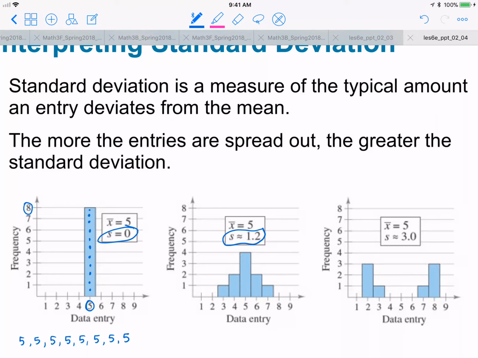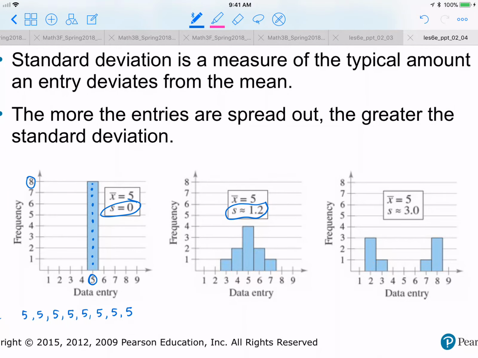but they have different standard deviations. Some of the data is more spread out. This data is really spread out. It's very far from the mean, right? So like here, we could say that a data set would be 3 2s, 1 3, 1 7, and 3 8s.